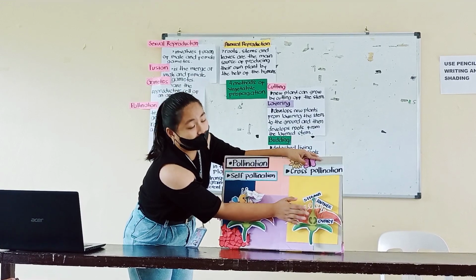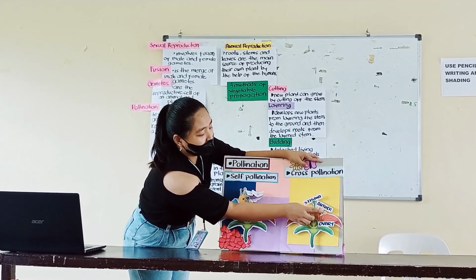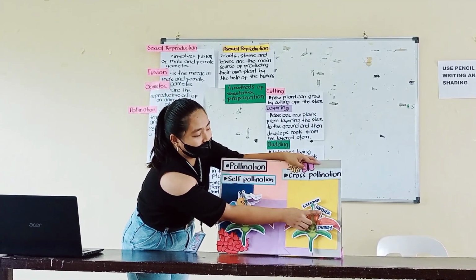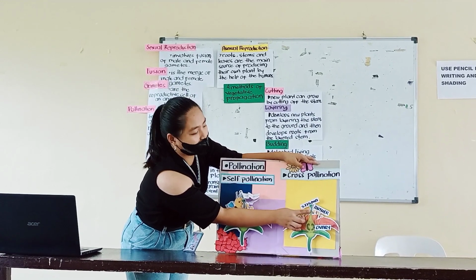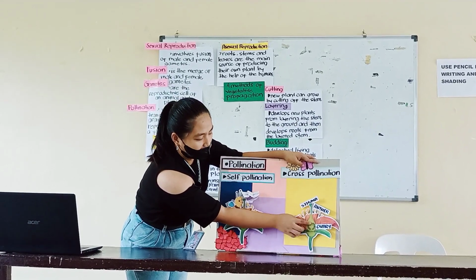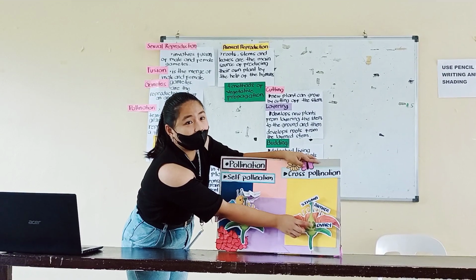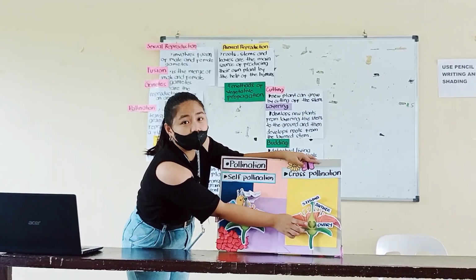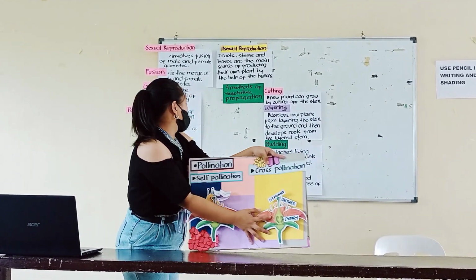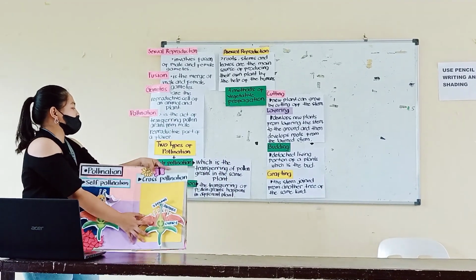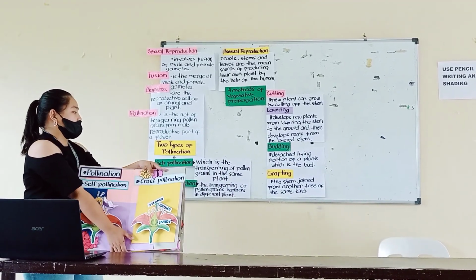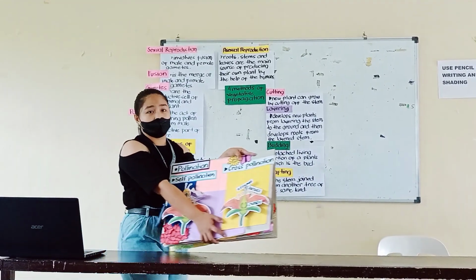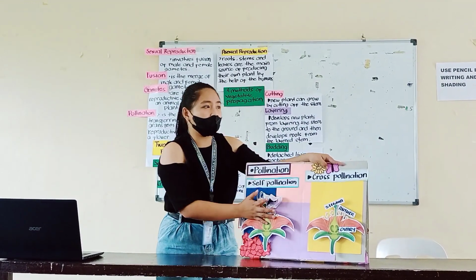This is one plant, and the pollen grains are transferred to its own stigma down to the ovary, and then they will produce seeds. When we say cross-pollination, the transferring of pollen grains happens between different plants.